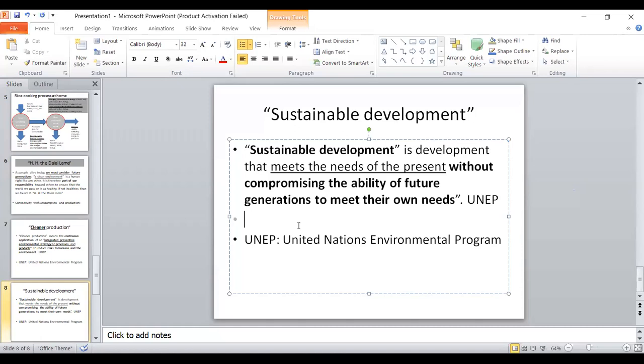So having big hospitals doesn't mean you are on the way of development.